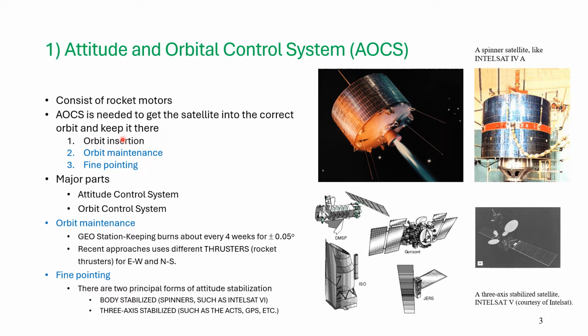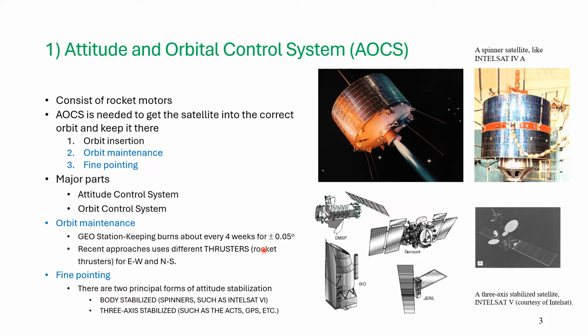The major parts of this subsystem are the attitude control system and the orbit control system. The orbital maintenance, I'm just highlighting these two in blue. For example, a satellite in the geostationary orbit keeps burns about every 4 weeks, and in every 4 weeks there will be a deviation by plus or minus 0.05.